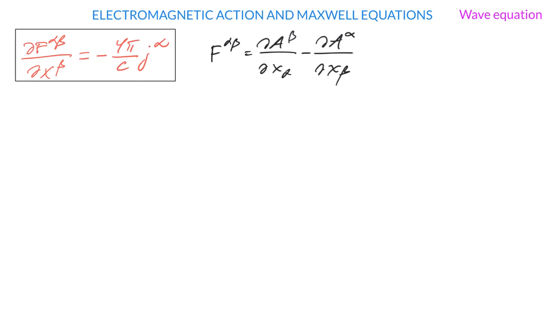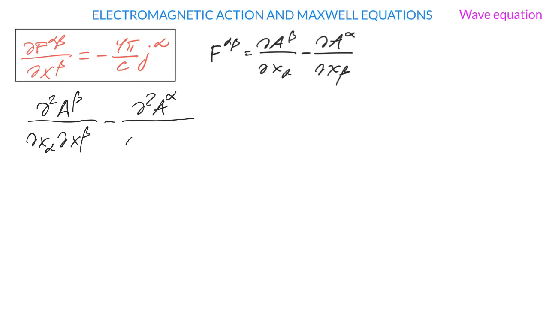So there's going to be d²A beta/dx alpha dx beta minus d²A alpha/dx beta dx beta equals minus 4 pi over c j alpha.